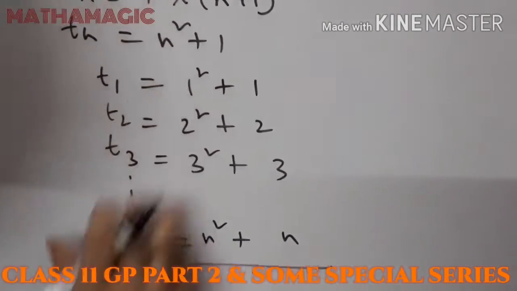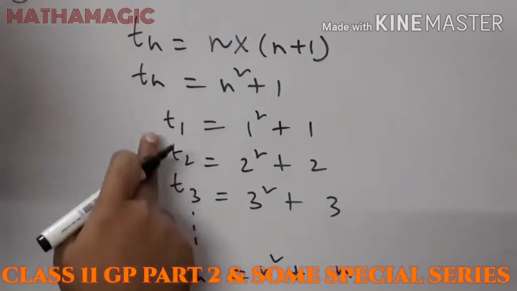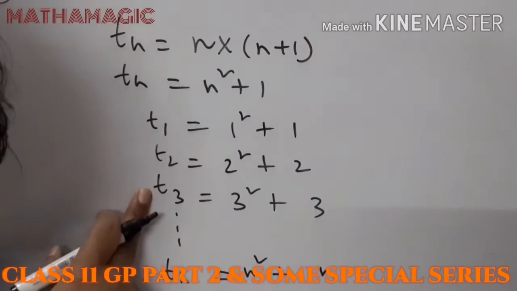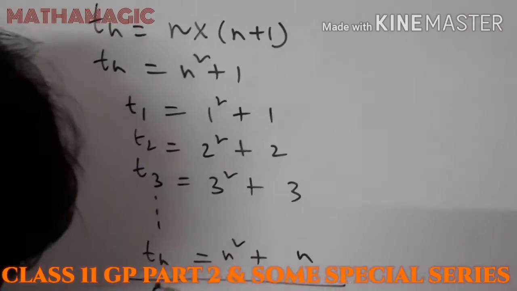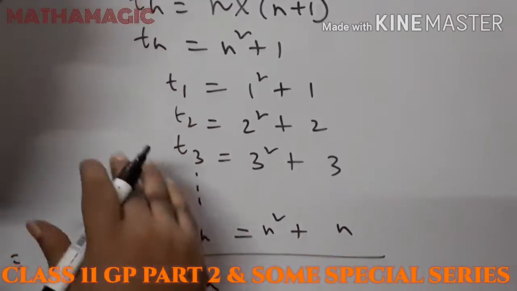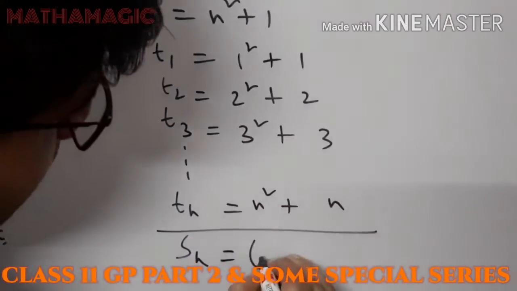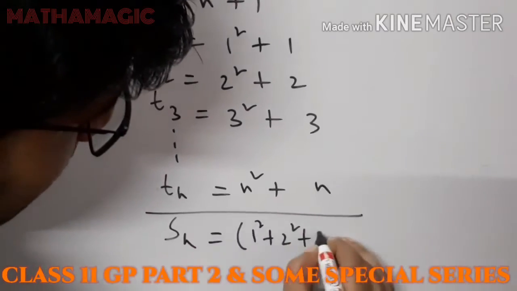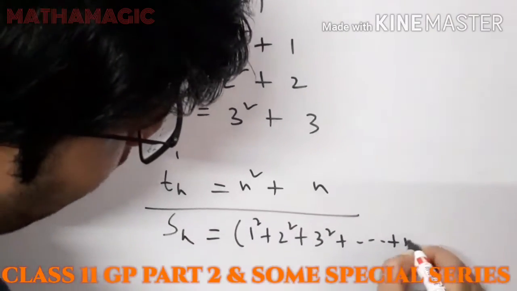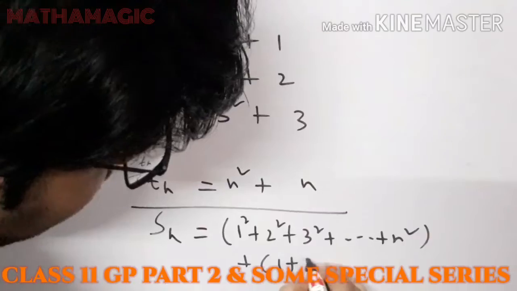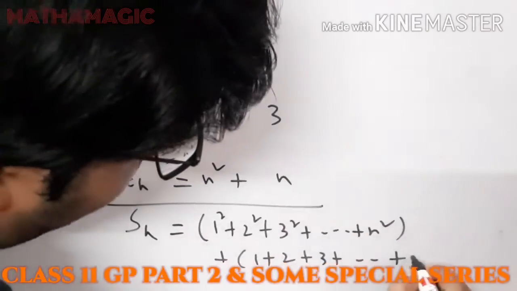This is how we'll write. Now if we add the first term, second term, third term, fourth term up to the nth term, we will definitely get Sn, the sum up to n terms. So it will be 1 square plus 2 square plus 3 square up to n square, plus 1 plus 2 plus 3 up to n.